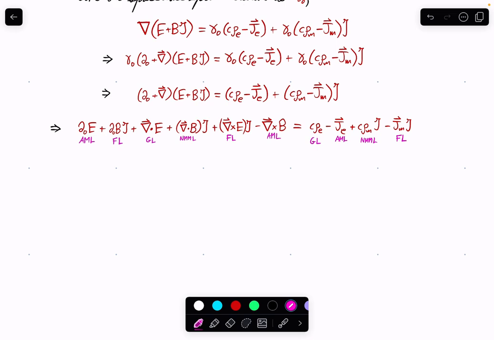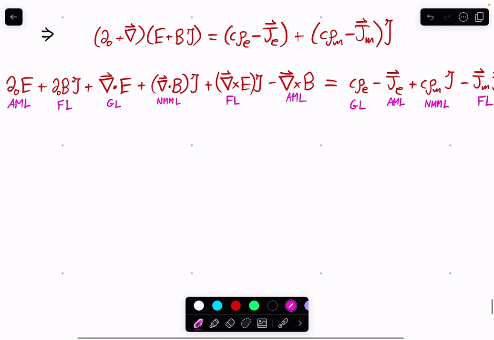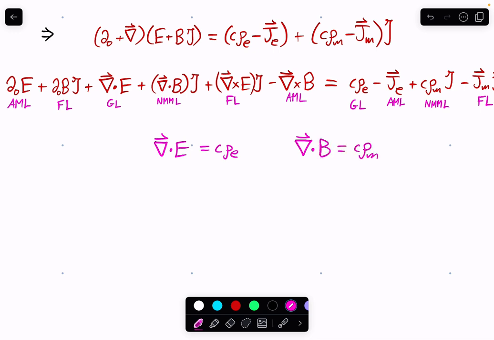Cool. So then Maxwell's equations just become writing out Gauss's law: divergence of E is equal to C rho E. The no magnetic monopoles law, which is seemingly being broken here because there are magnetic monopoles, is this.